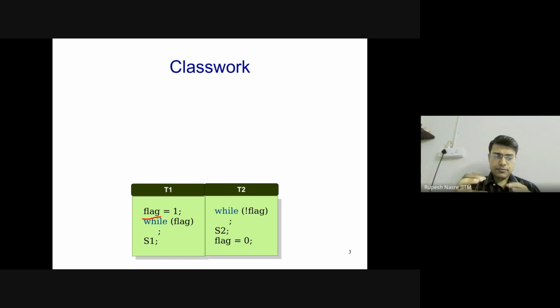This while loop is not part of the critical section. The while loop is kind of waiting at the door in a shop. You are not allowed to enter. When you enter, then you execute S1 and S2. So S1 and S2 are the important parts. The while loop is essentially blocking.